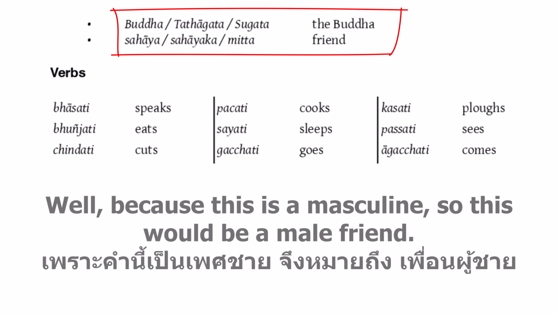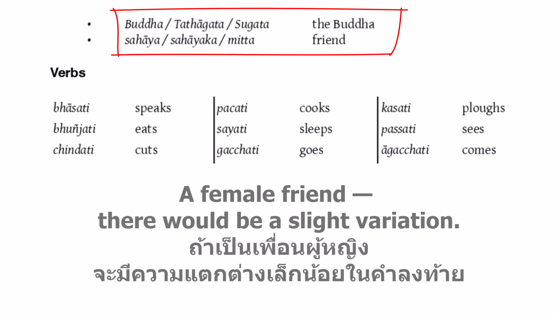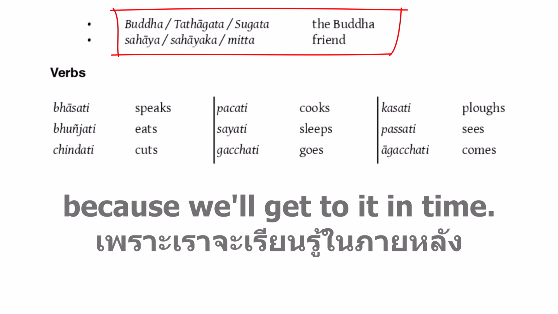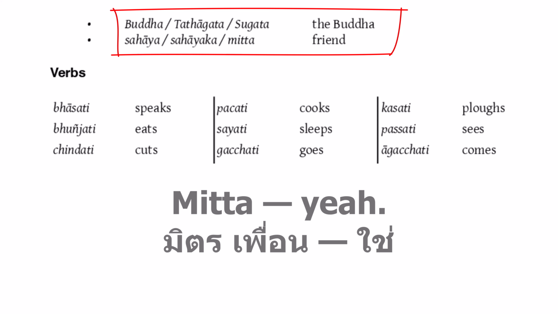Sahayaka. Well, because this is a masculine, this would be a male friend. For a female friend, there would be a slight variation. I don't want to go into the feminine now, because we'll get to it in time. Mitta.